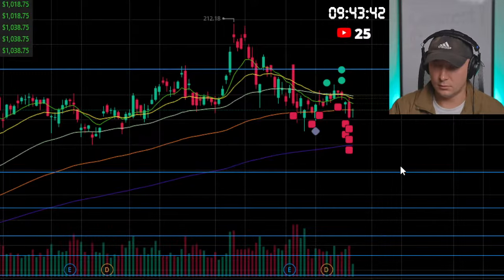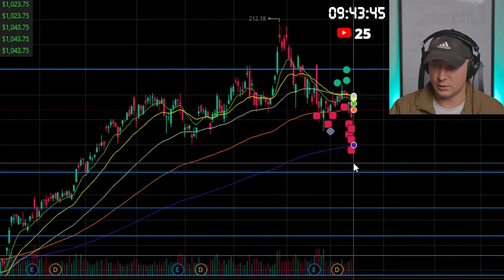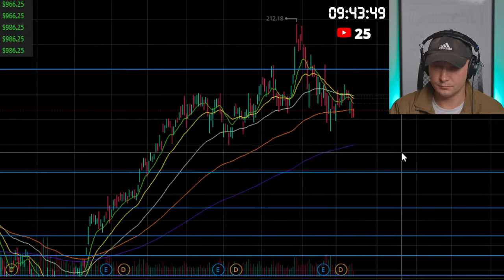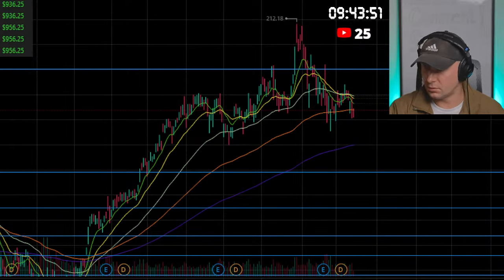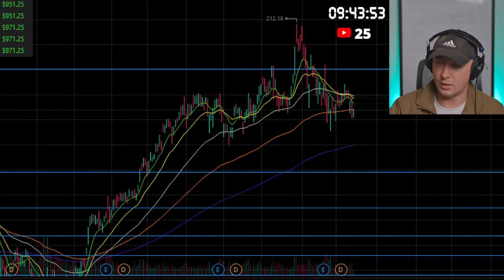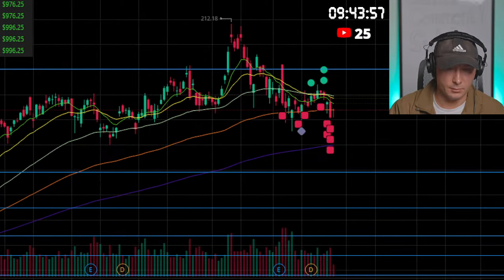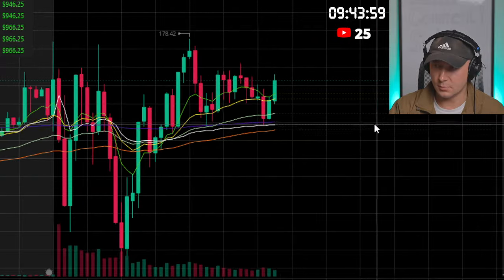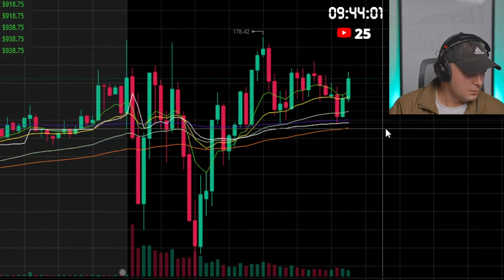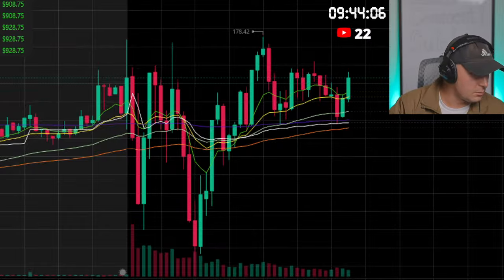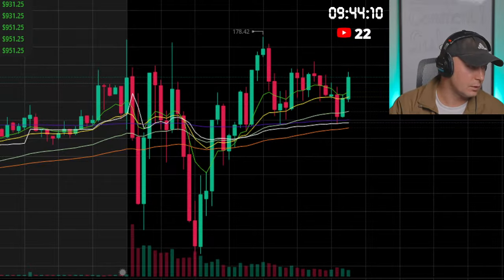But right here, 155 would probably be decent. I'll fix up the graph later to make it a little bit more clear, so you guys can see the price levels. I could bite off on Nvidia a little bit. Let's see what other stocks. There are definitely other stocks that are quite undervalued.